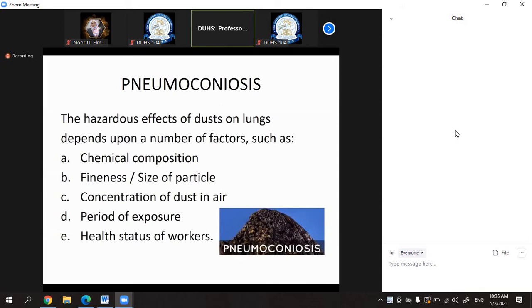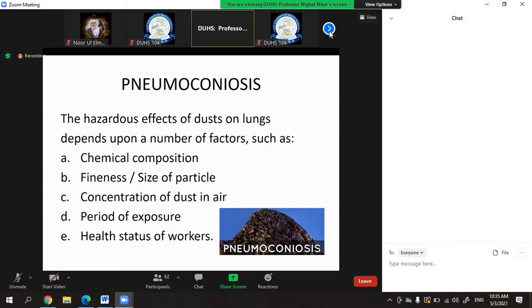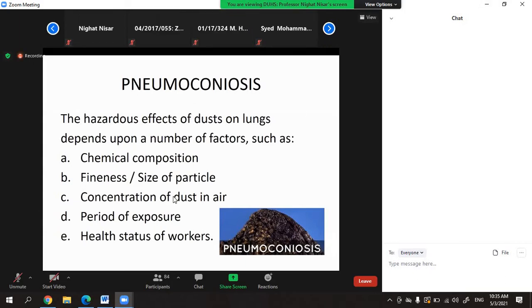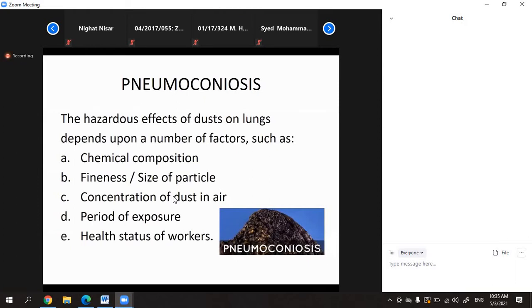For example, if a person is exposed to dust particles, as time passes and the period of exposure prolongs, there is a greater chance of developing diseases due to dust particles.